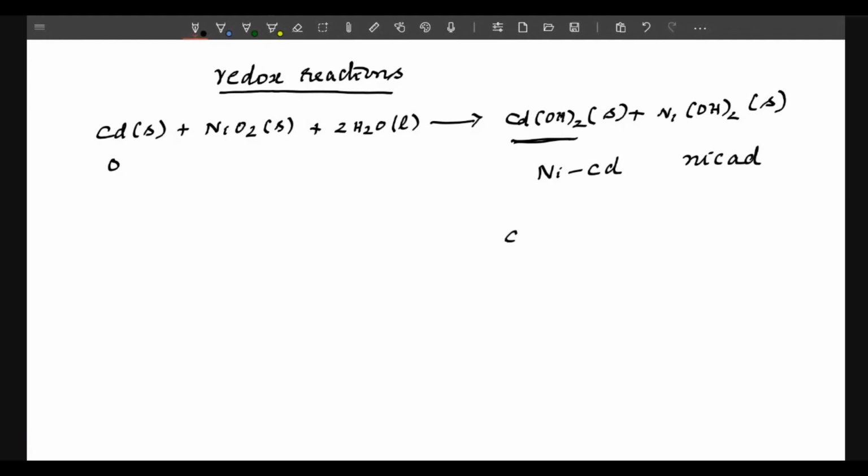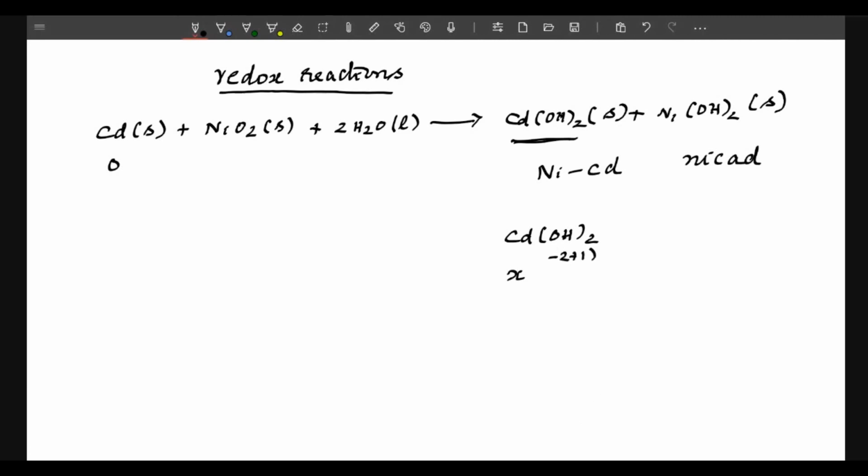What is the oxidation state of cadmium in cadmium hydroxide? Let cadmium be X. For oxygen, you know the rule, it is always -2, except in two conditions: in peroxide it is -1, and in fluorine monoxide it is +2. In all other cases it is -2.